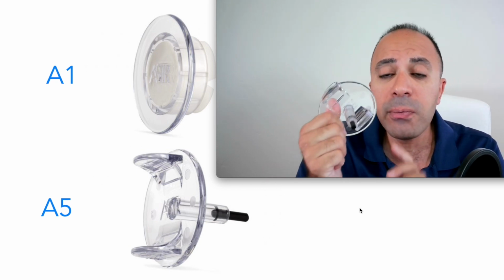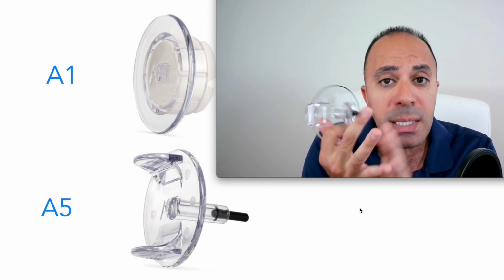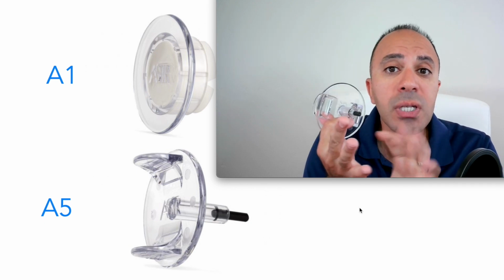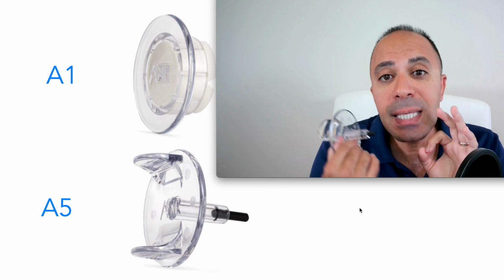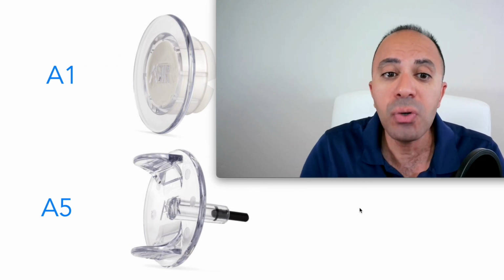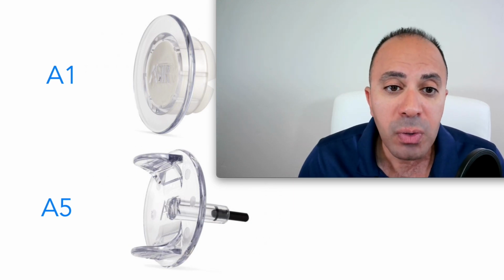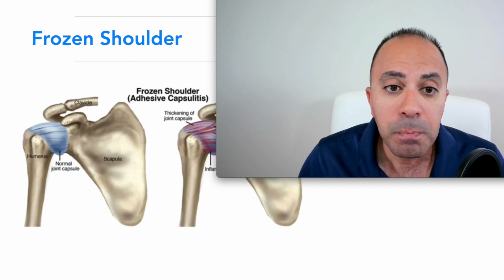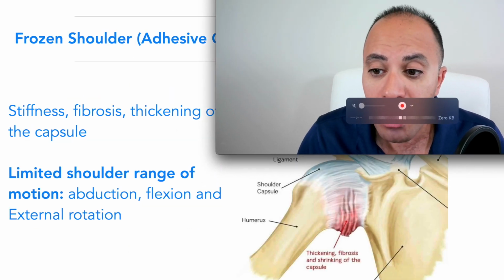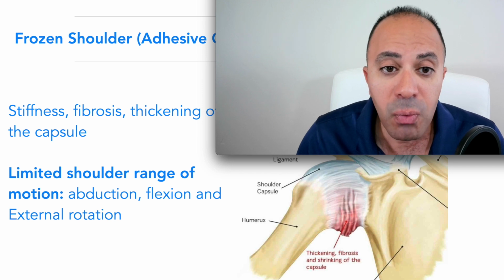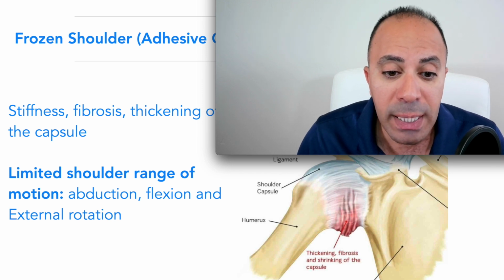The A5 we use to release the epimysium, perimysium, and endomysium, and I also use it to release trigger points and deep scar tissue that caused the adhesive capsulitis, or frozen shoulder, here. So we have to really go deep to release that.